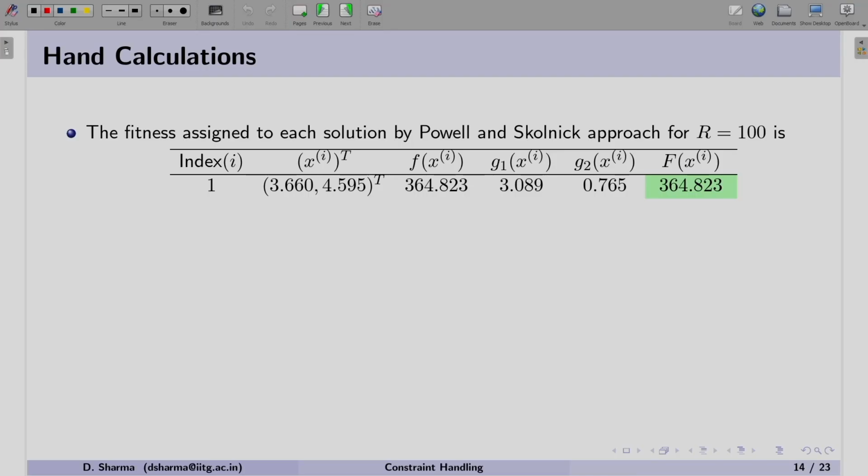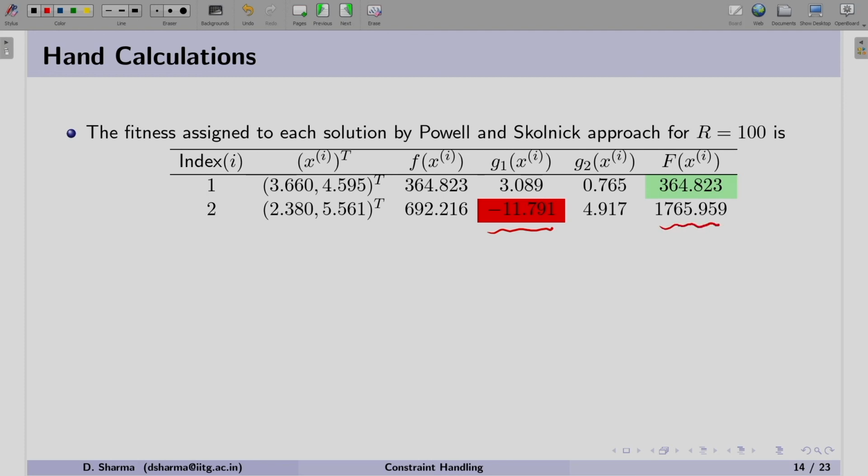Now, let us calculate the fitness of each solution when r equals 100. Starting with solution number 1, we know it's a feasible solution. So, the fitness and the objective function value are the same. Solution number 2 is an infeasible solution. As we can see, G1 is not satisfied. So, we are going to add the value of lambda, which was a negative value, to the penalty function value.